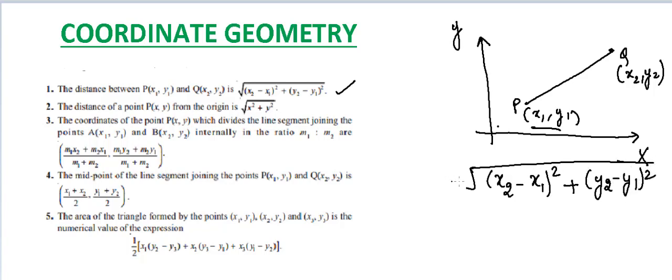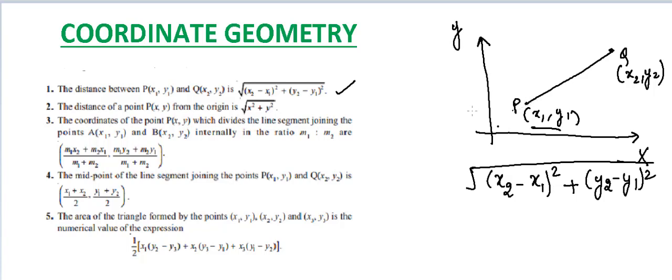By squaring, what does this mean? You have to take the difference and you have to square, because the distance can never be negative. So you don't have to just memorize it, you have to understand the concept that you have to take the square and then you have to take the under root, because we want the distance to be always positive.